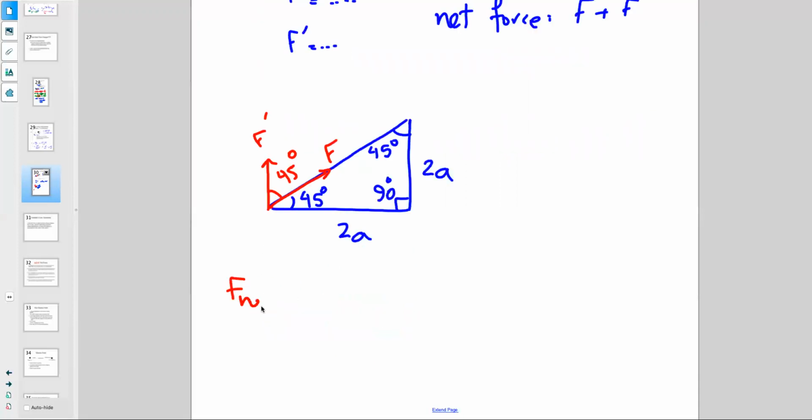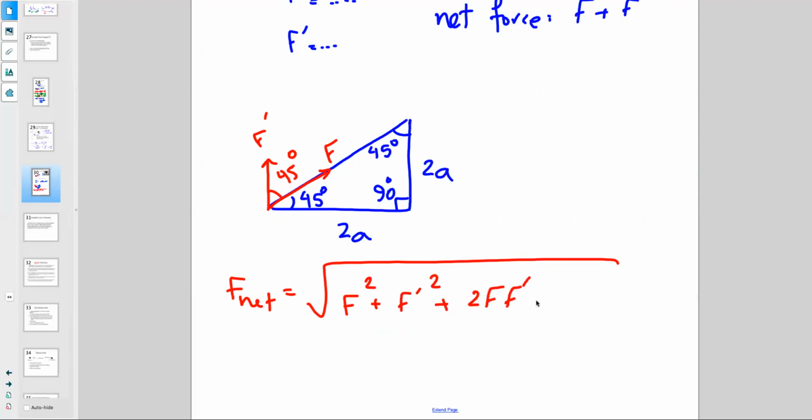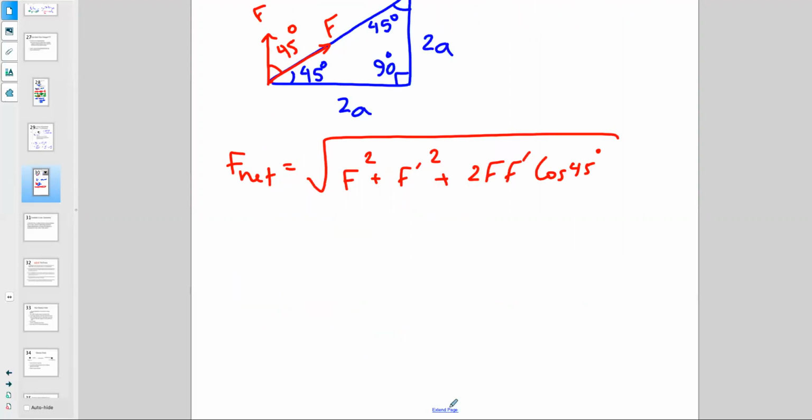So F net is the square root of F squared plus F prime squared plus 2F F prime cosine of 45 degrees. That's the angle between the two forces. That's one way of doing this, okay? The other way of doing this is to split the F into X and Y components, okay?